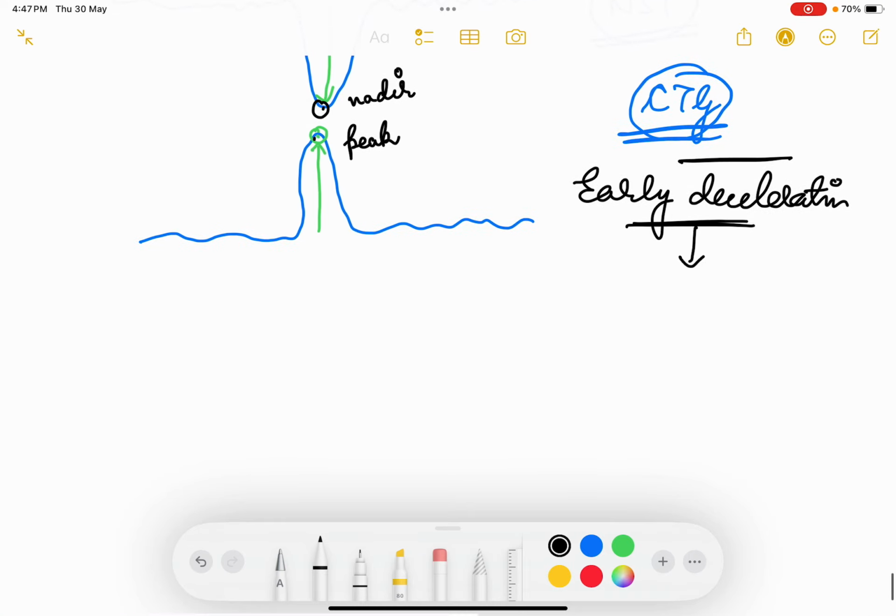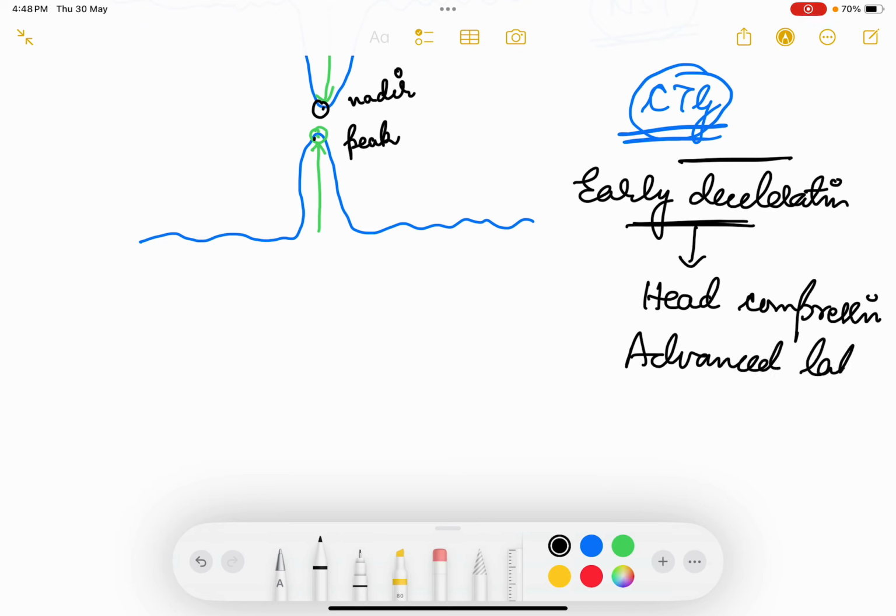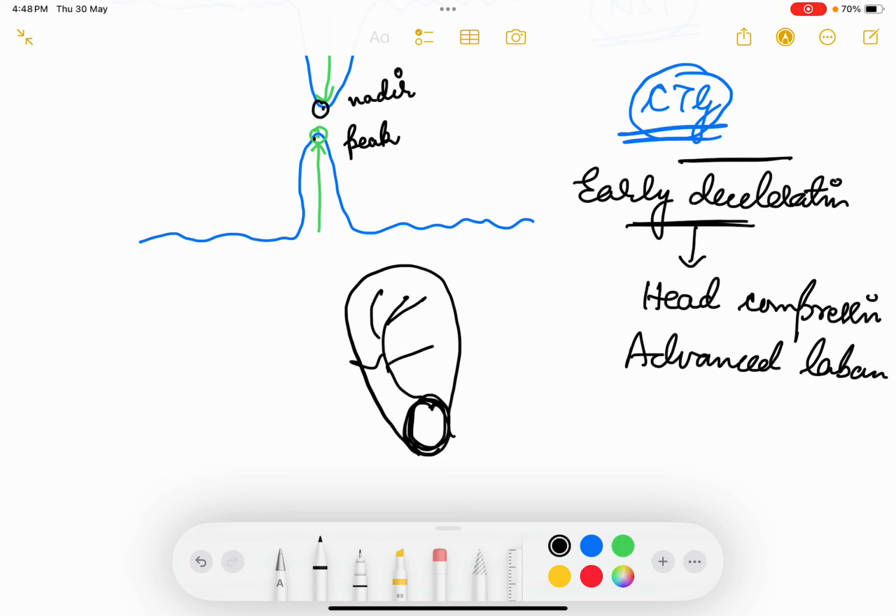The cause of early deceleration is fetal head compression. Now what do you mean by fetal head compression? In advanced labor, when the patient is almost fully dilated, then the head is engaged into the pelvis and head is just beside the cervix. So with every uterine contraction or lower uterine segment contraction, it is compressing upon the fetal head.